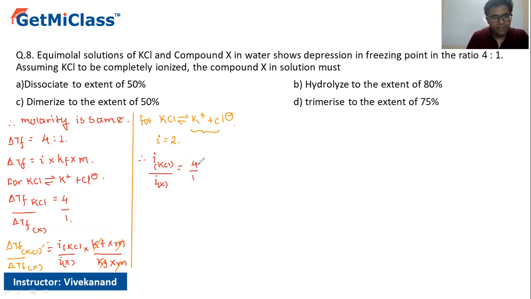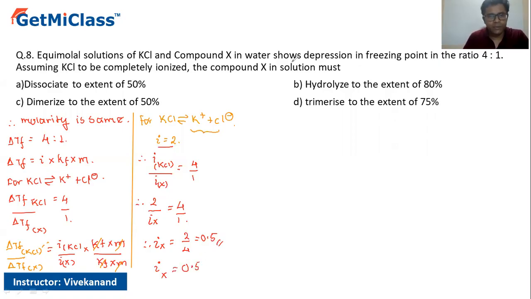The i for KCl is 2. So 2 over i of X is equal to 4/1. Therefore, i of X is 2 by 4, which is 0.5. So our important answer over here is 0.5.